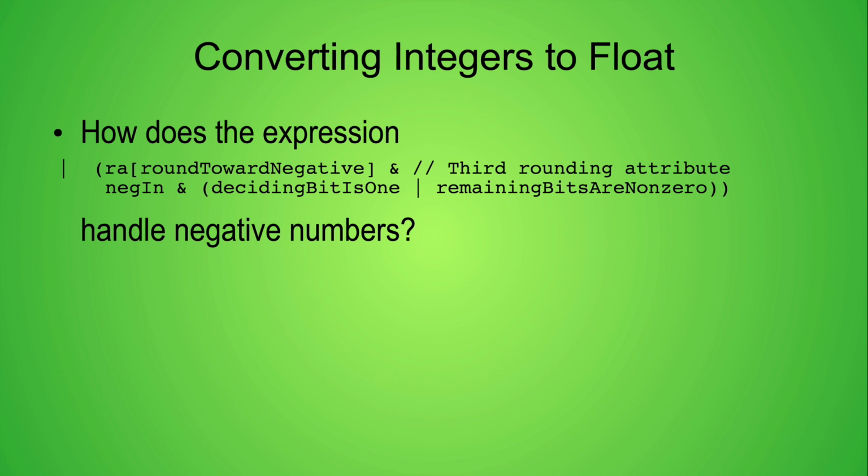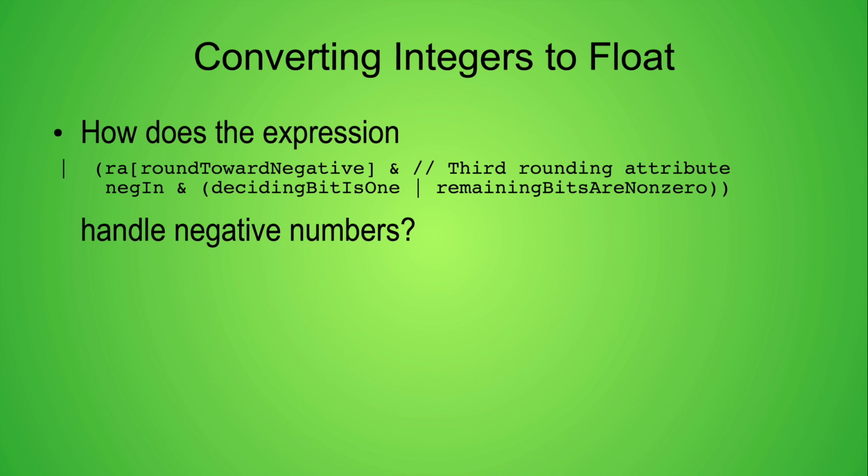The sub-expression, deciding bit is 1, ORed with remaining bits are non-zero, is false when y bar equals 0. When this sub-expression is false, round bit will be 0, so the significand will be truncated rather than rounded. We do this because, in this case, the truncated version of the significand is equal to the infinitely precise significand. It just has fewer bits of precision.